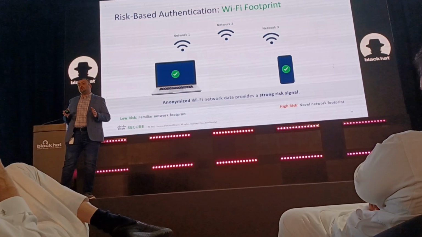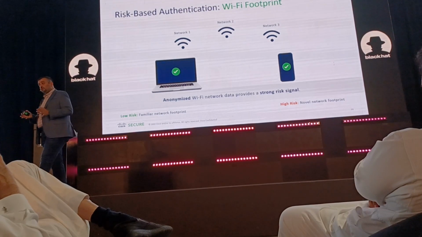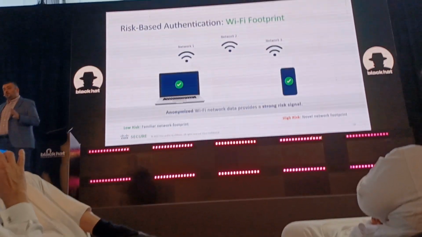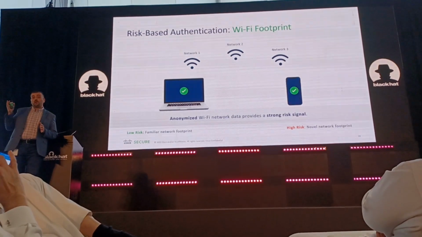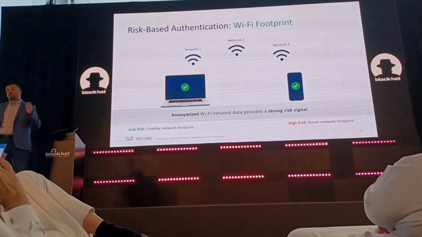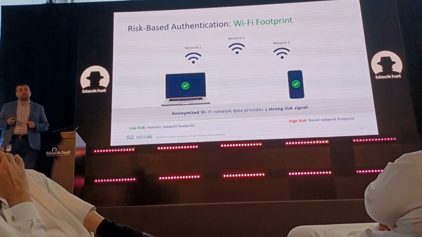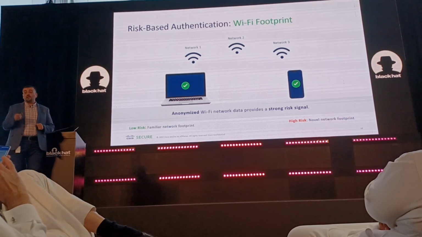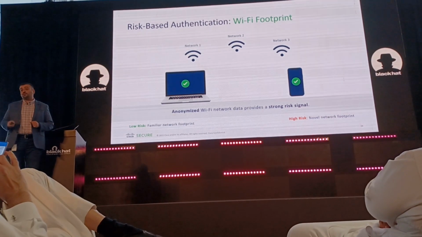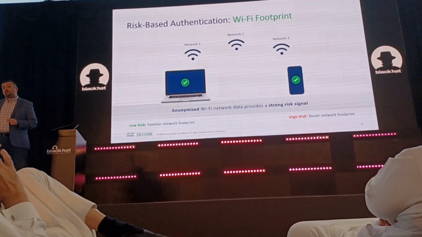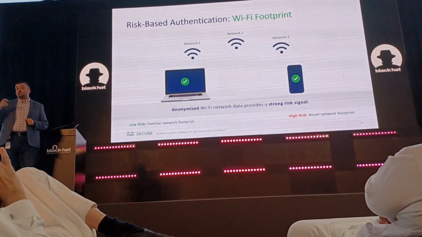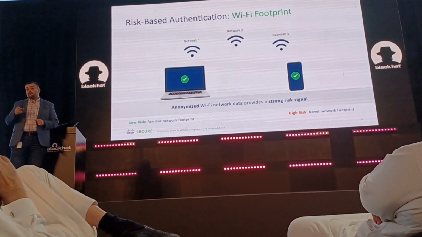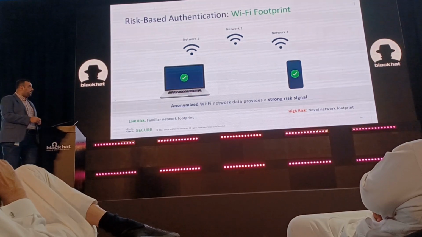Let's assume that the solution knows that you are connecting from your Wi-Fi at the office and Wi-Fi at home. But all of a sudden, we receive an authentication request from a public Wi-Fi. In this case, we will not block the access, but we will change the way we authenticate the user from a normal push to a verified push.